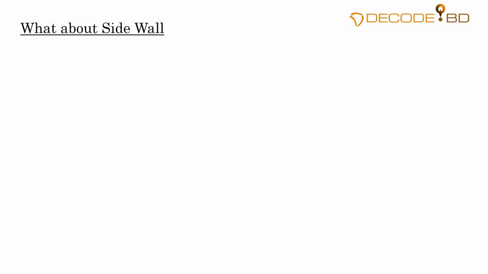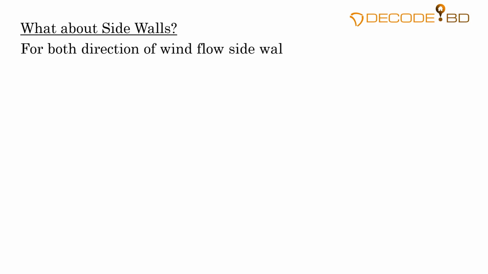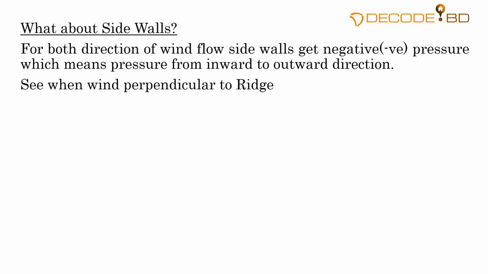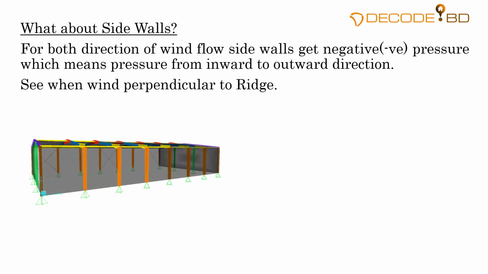Now what about sidewalls? For both directions of wind flow, sidewalls get negative pressure, which means pressure from inward to outward direction. See when wind is perpendicular to ridge. Here in the figure, wind acting from this side perpendicular to ridge, the sidewall gets pressure from inward direction to outward direction.